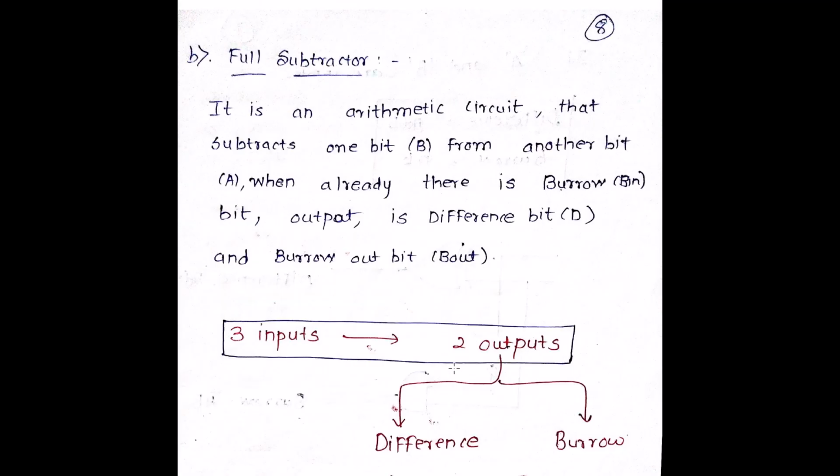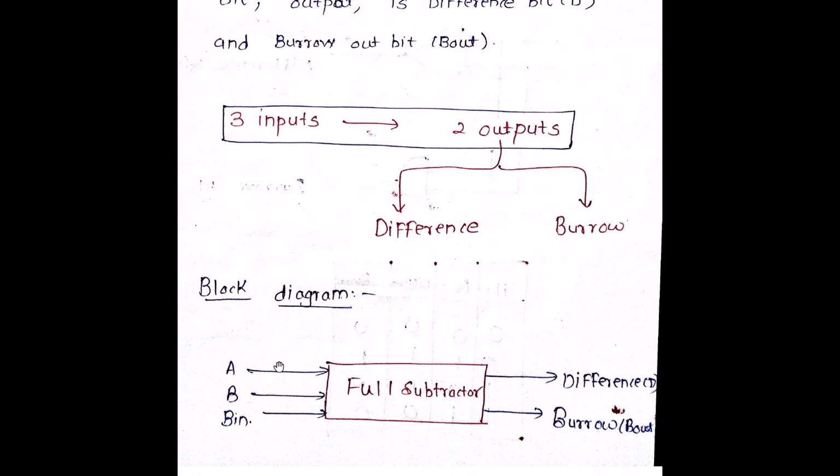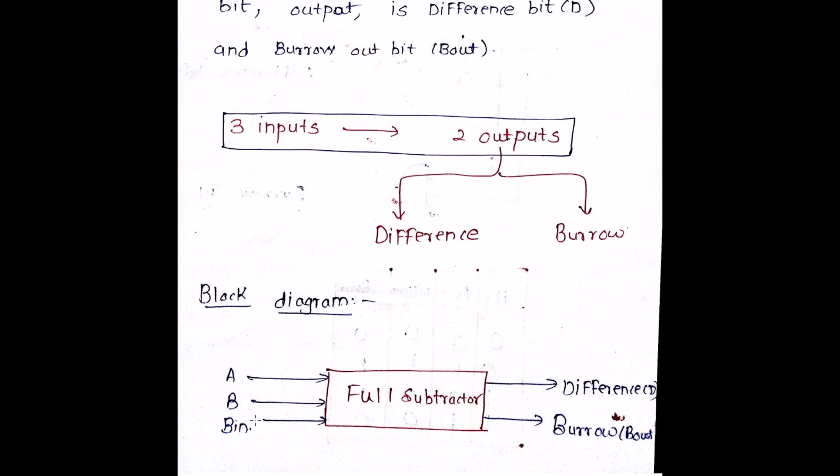Next, you have the full subtractor. So what do you understand by full subtractor? A full subtractor is an arithmetic circuit that is going to subtract one bit from the other bit. And you will have obviously 3 inputs. The inputs are A, B and a borrow in.